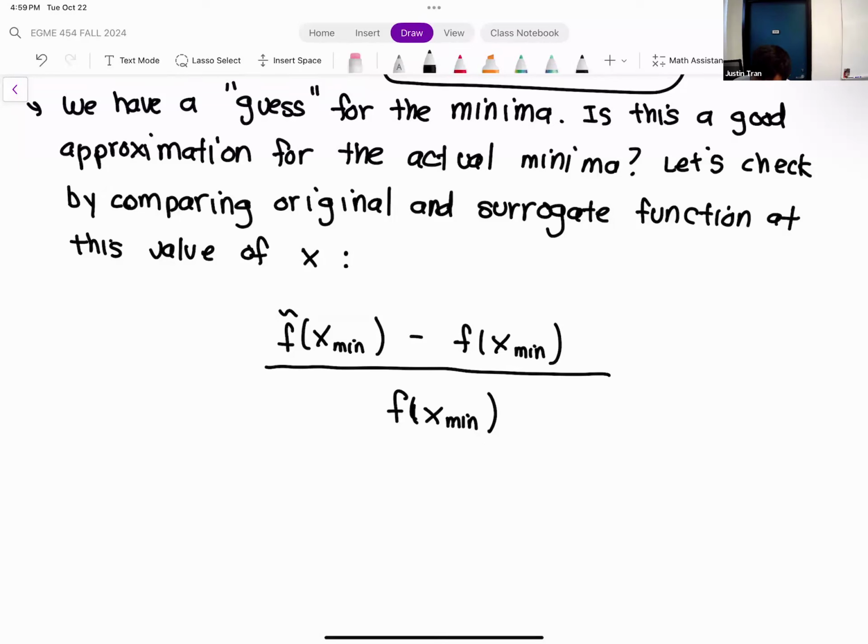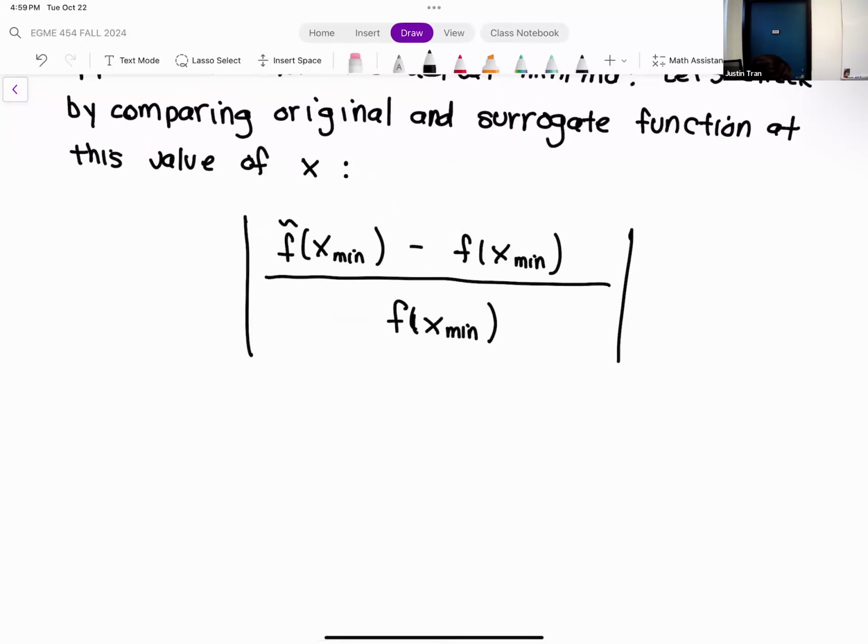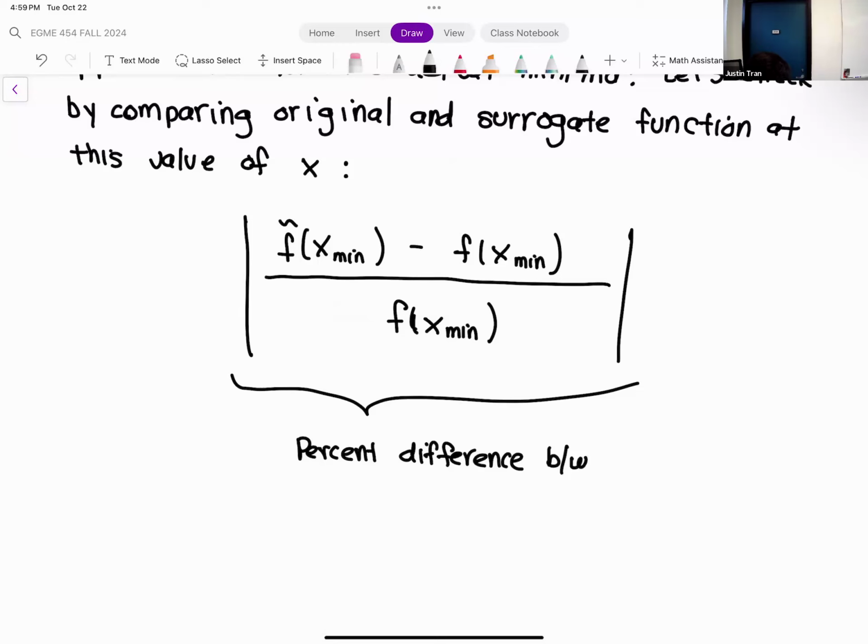we're basically taking a percent difference between the two. To make sure the signs match up, we're going to take the absolute value of this. What this is measuring is the percent difference between our surrogate function and our original function evaluated at our approximate min.